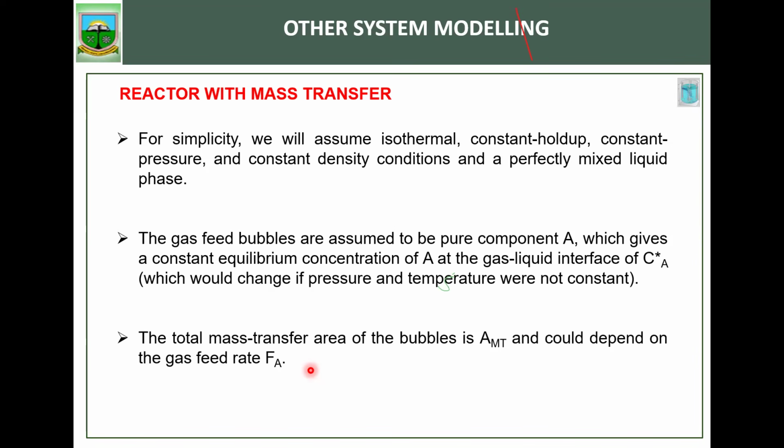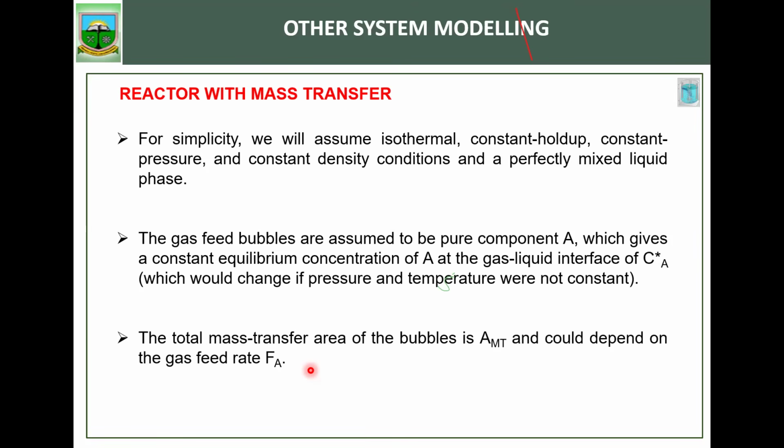We're also assuming a perfectly mixed liquid, which means that the liquid coming in is perfectly mixed. There's no limitation to the absorption or the dissolution of the gas at any particular point of the system, which means that any amount of liquid that comes in has the equal ability to absorb the gas that is in the reactor.